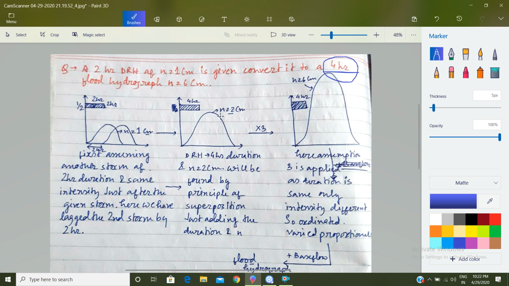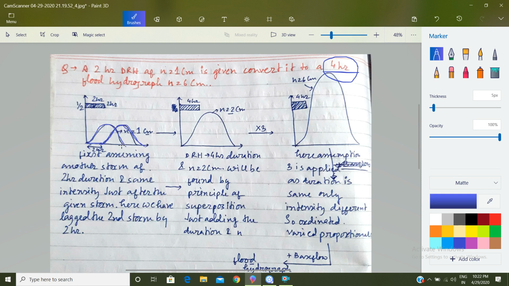So due to this 4 hour storm, what will happen? See, if a unit hydrograph is given here, and after the 2 hours another storm occurred, this will give the same hydrograph, which means this is the time invariance assumption, isn't it?